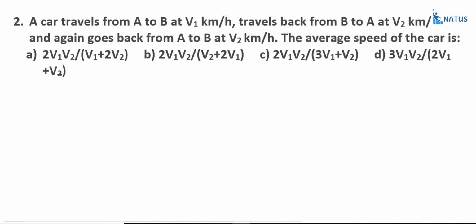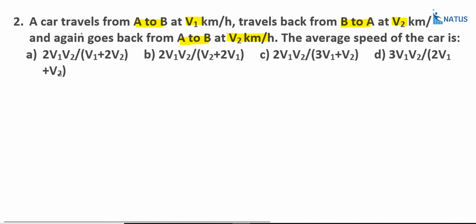Second one: a car travels from A to B at V1 kilometers per hour, travels back from B to A at V2 kilometers per hour, and again goes from A to B at V2 kilometers per hour. The average speed of the car is, see, the distance is the same, right?